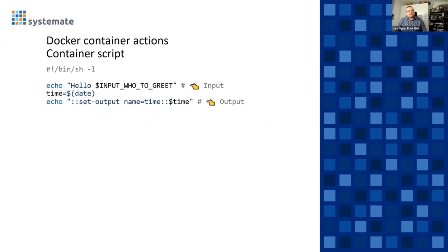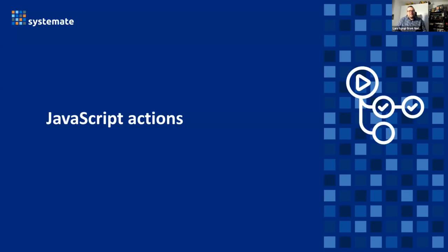So it looks like this, but we could use any programming language here. We could install all the packages we wanted to use in our favorite programming language because we're inside of a Docker container, right? So that's maximum flexibility.